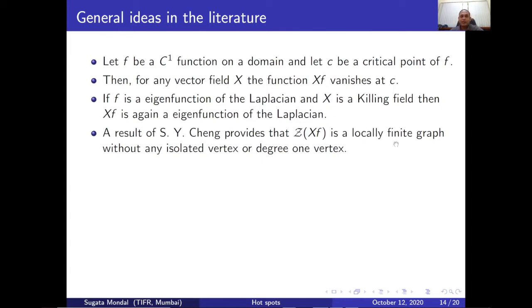Namely, it's a locally finite graph without any isolated vertex or vertices of degree one. Actually, what Cheng gives is much stronger than this, but this should be sufficient for this particular talk at least.